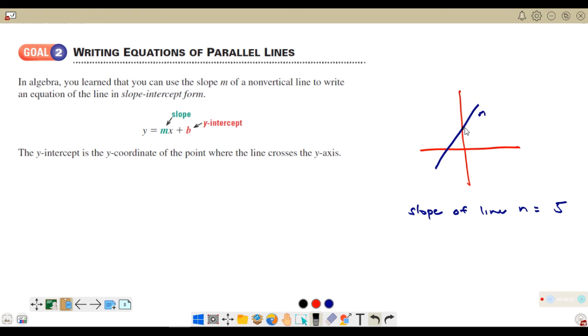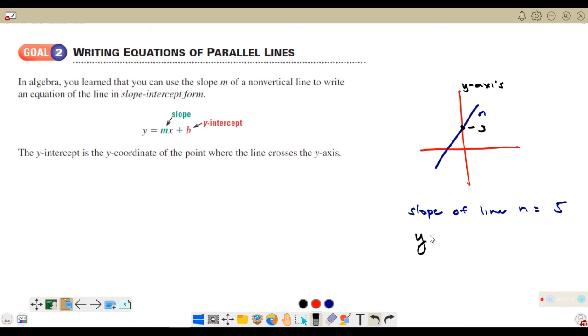And the point of intersection of your y-axis and your line is in 3. Halimbawa, nasa 3 siya. What is the slope-intercept form of this line? Or ano yung equation nitong line in slope-intercept form?